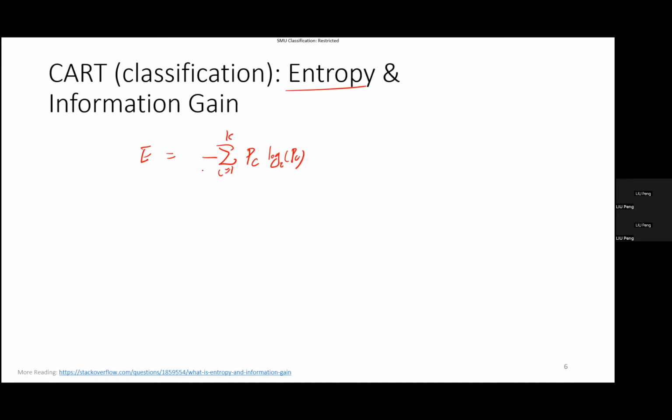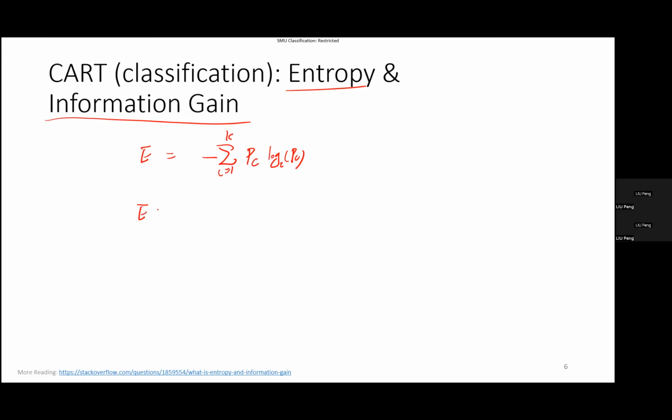This is another way to measure impurity, and it is also quite widely used. Now information gain looks at how much reduction there is in the entropy.